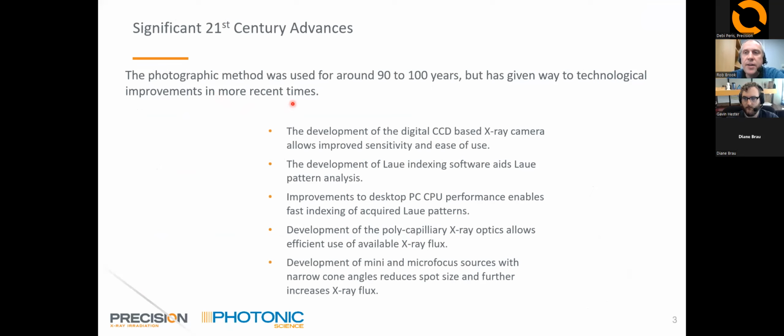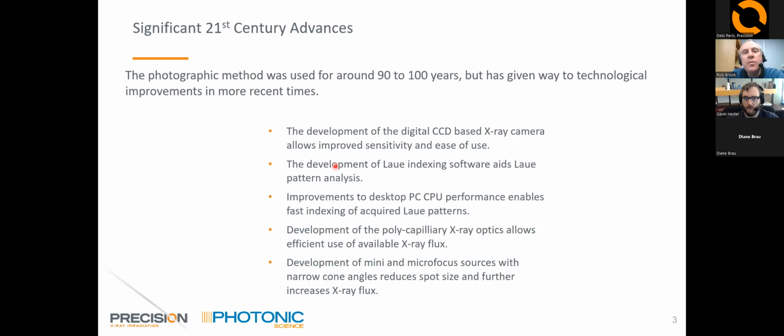Photonic Science developed a camera in about 2004, and that was used in a lot of labs where people would exchange their film-based cassette imaging device with a CCD camera.